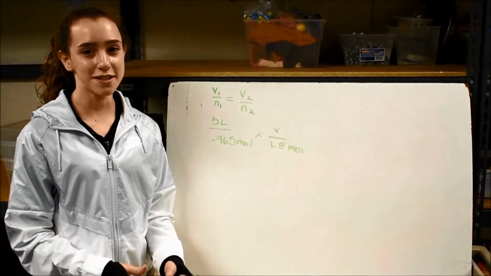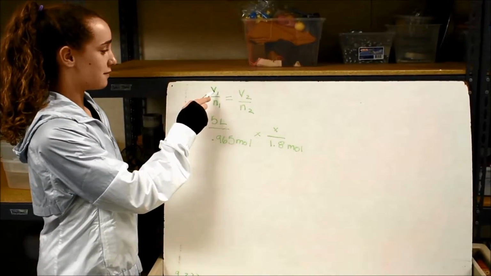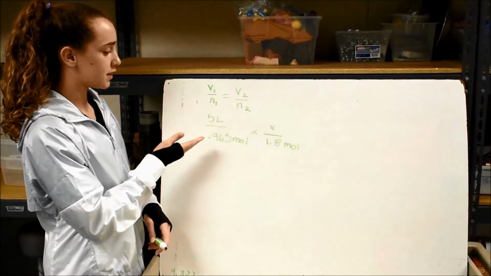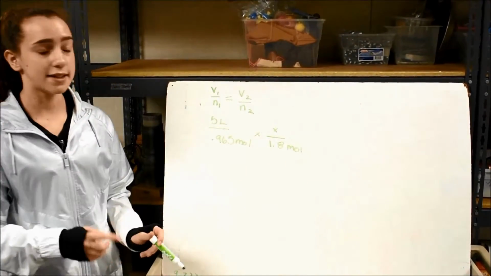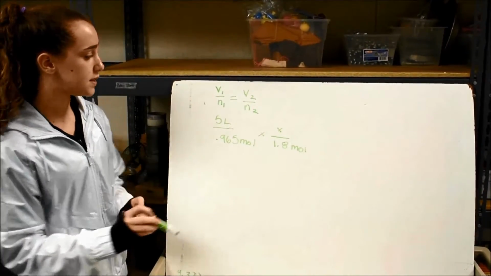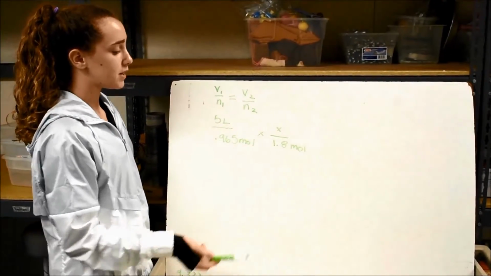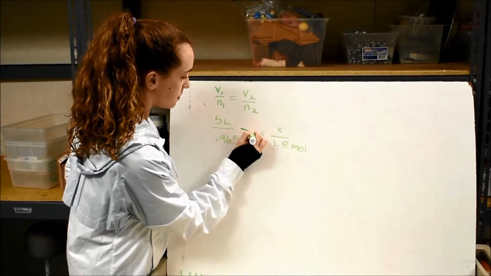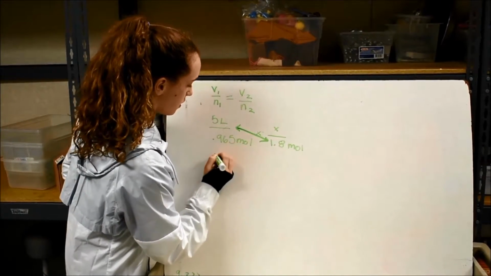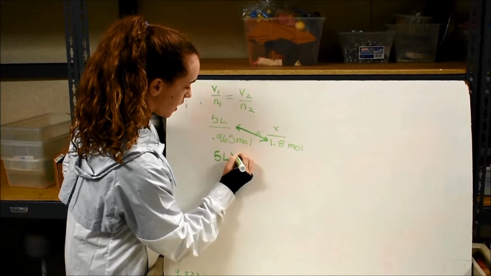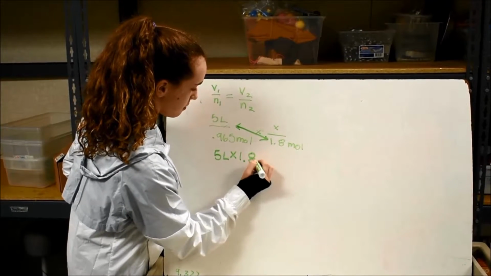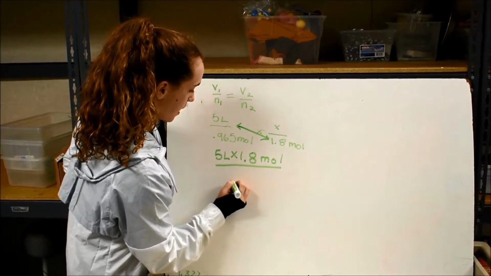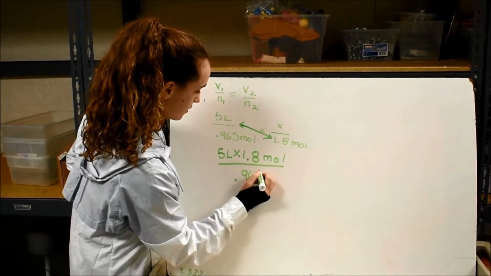Okay, so the equation for Avogadro's law is V1 over N1 equals V2 over N2. And if we start with 5 liters of gas that has 0.965 moles, and then afterwards it has 1.8 moles, we're going to be trying to find the volume. So to do so, we're going to multiply across the 5 liters times the 1.8 moles, and then you're going to divide it by the 0.965 moles.